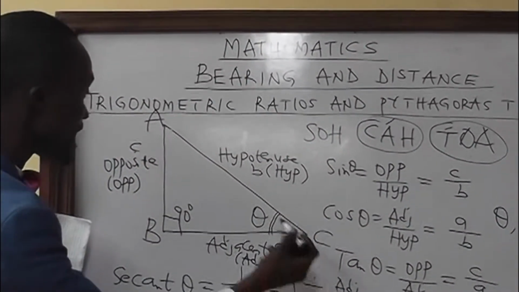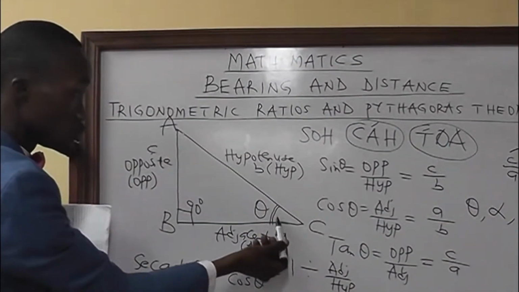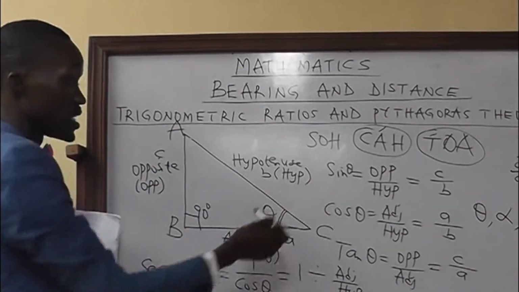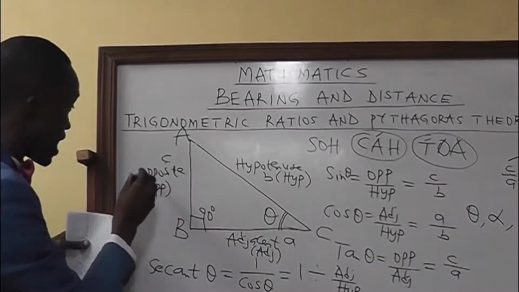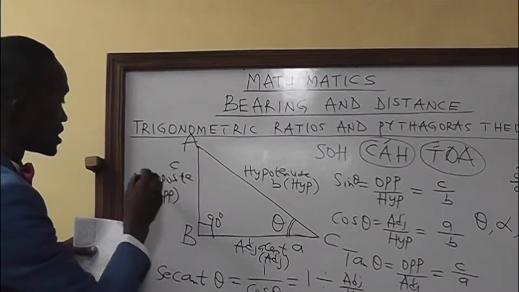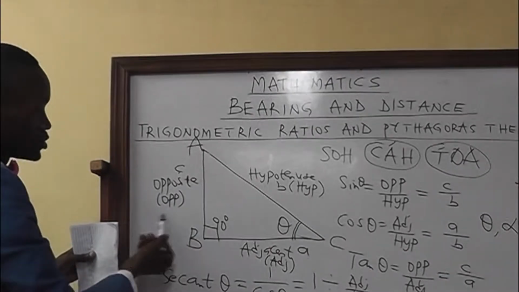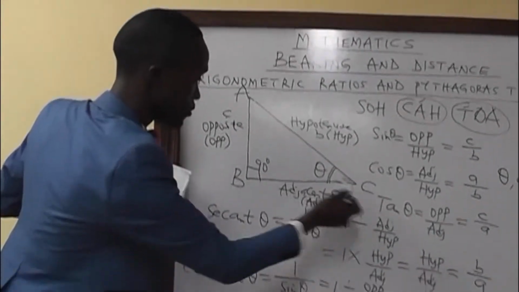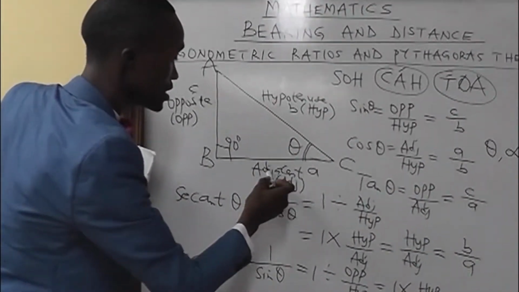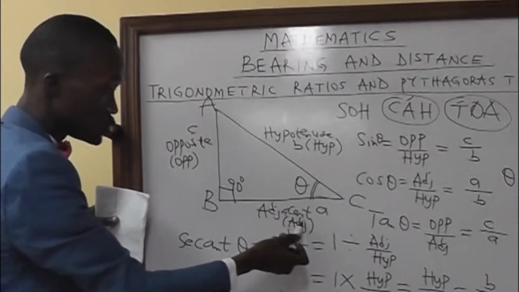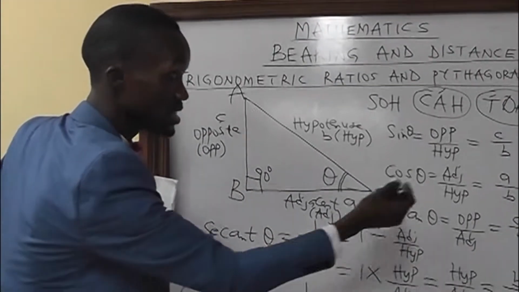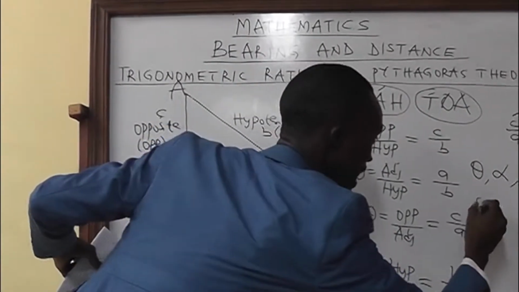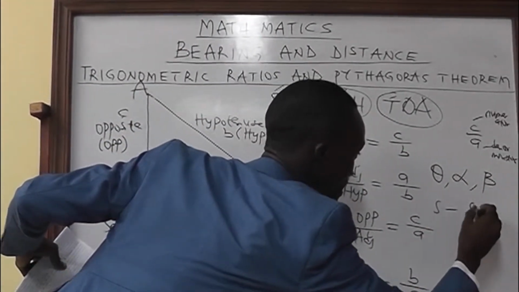And I said the side that is facing our angle, now I'm using theta, as I've explained that theta is just a means of representing our angle, that one, the side facing the angle, is opposite. We can represent that one with OPP. Then the last side, which is the third one, is called adjacent. And we can use ADJ to represent that. So this SA is just representing sine.